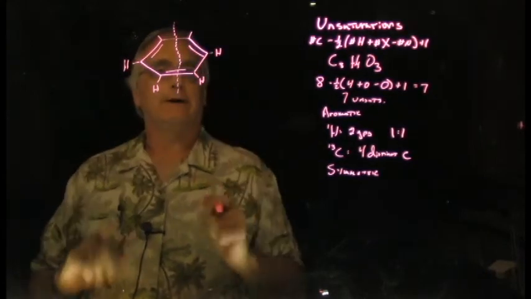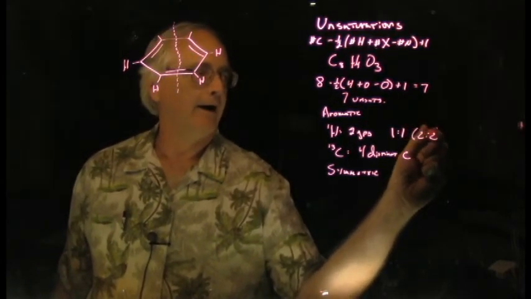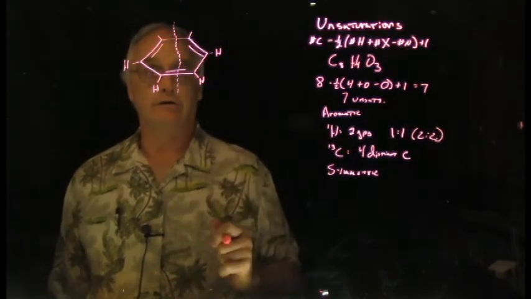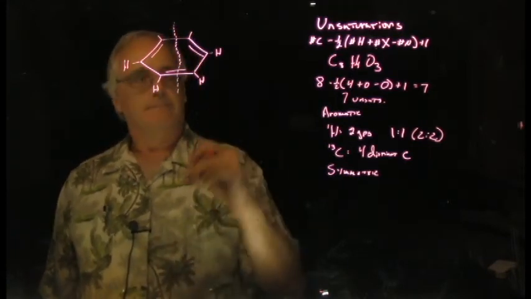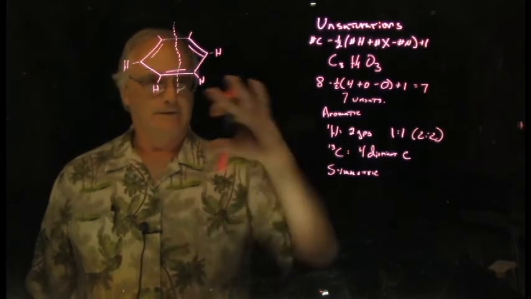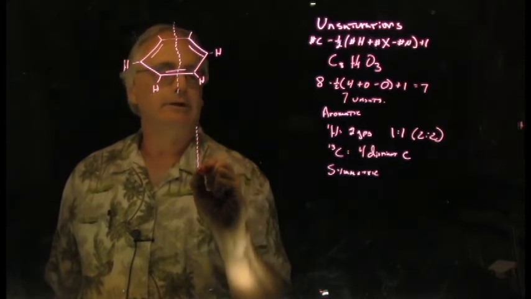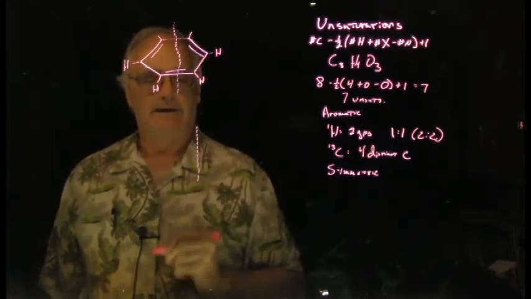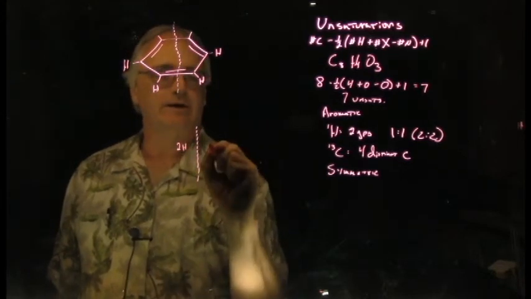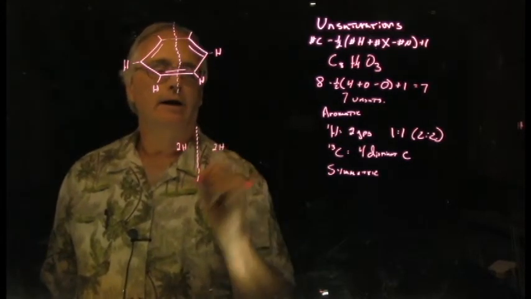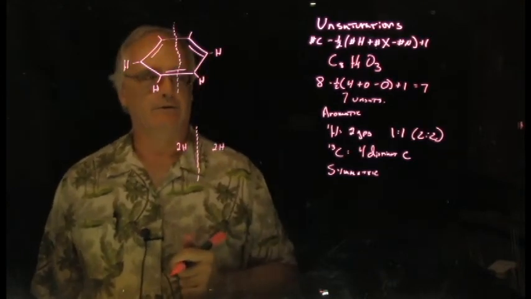So I'm going to modify my integrations and say 2 to 2, and that's all I can say about the hydrogens right now. Doodling this a little bit, because there's a lot more to go in this molecule, I'm going to put this little dash line in and say we know there are 2 hydrogens on each side of the mirror plane, of the symmetry element.